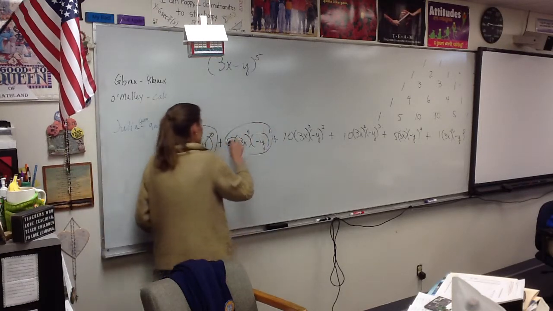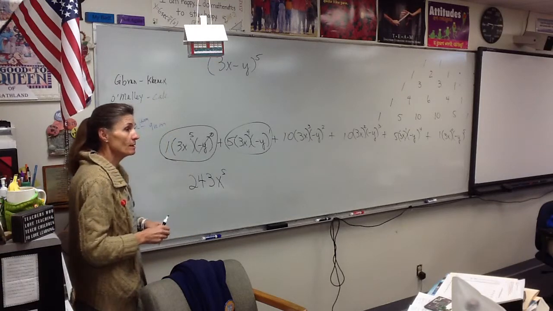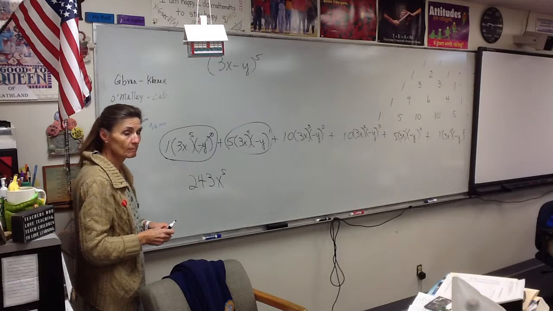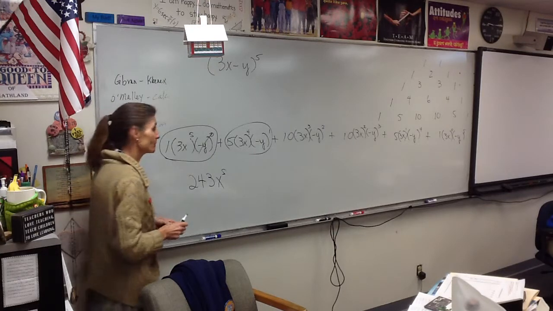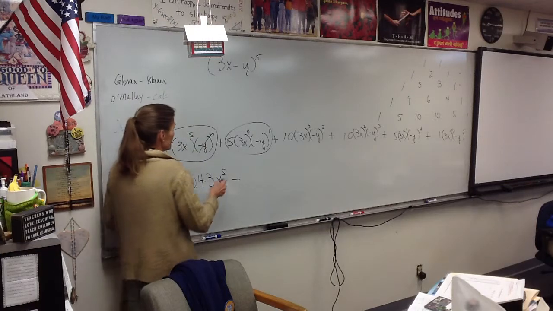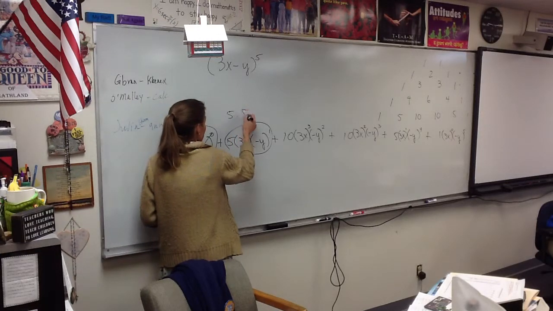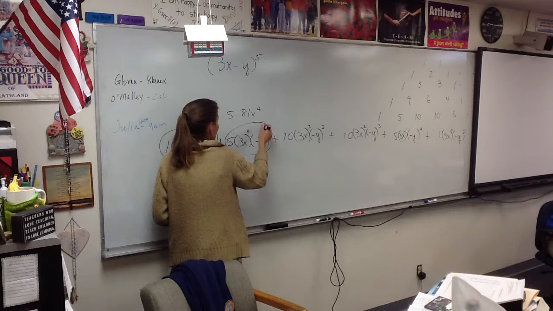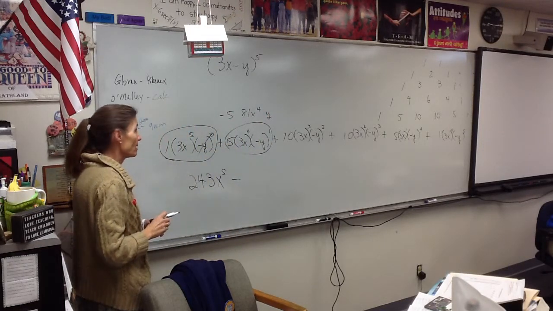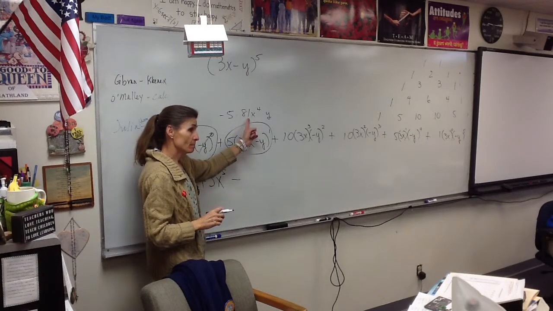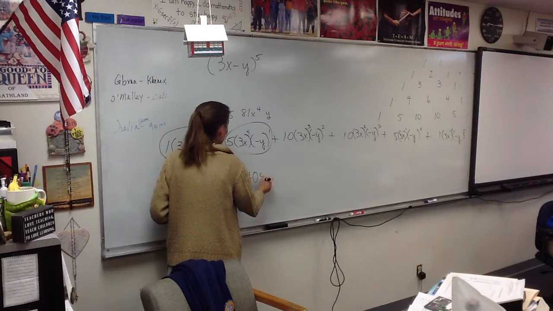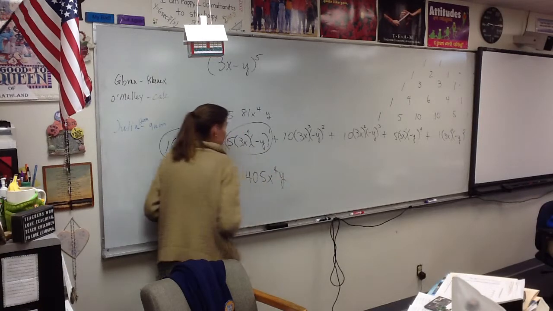Next. Now be careful on this one. This term is actually going to be negative, isn't it? Everybody see that? We're going to have negative. Okay, be careful. It's 5 times 81 x to the 4th times negative y. Everybody see why that's 81? So that's going to be negative 405 x to the 4th y.